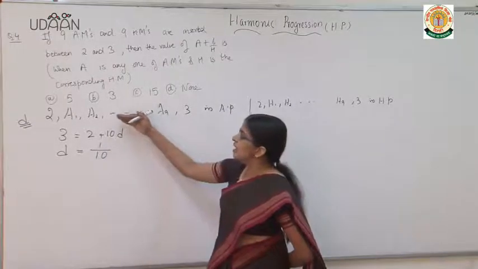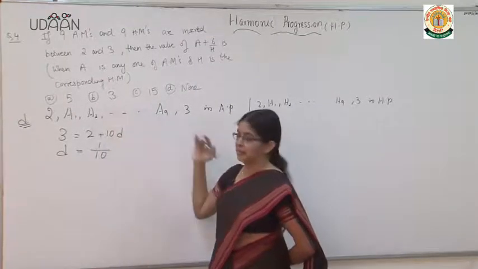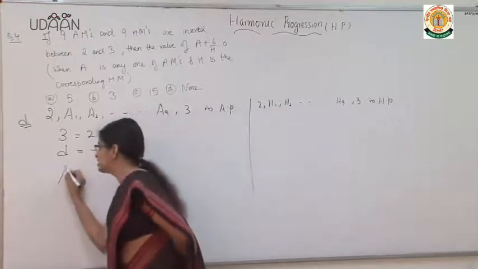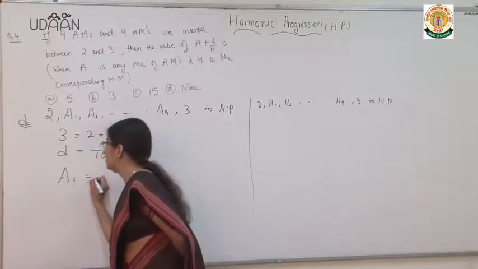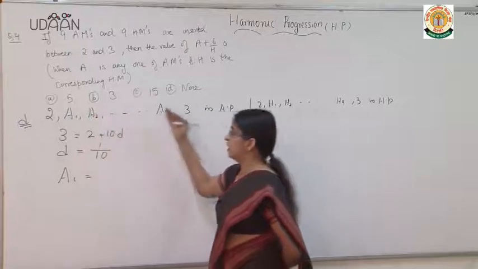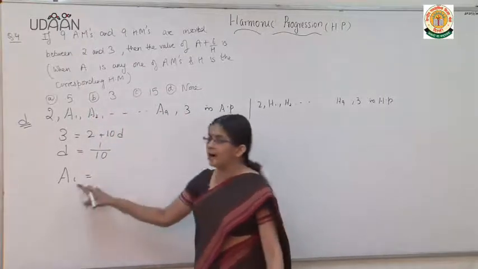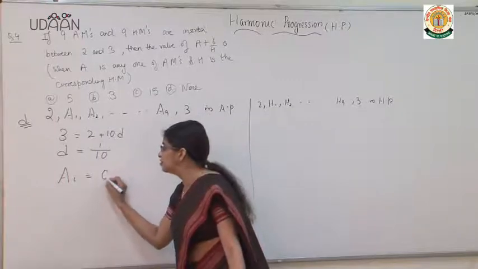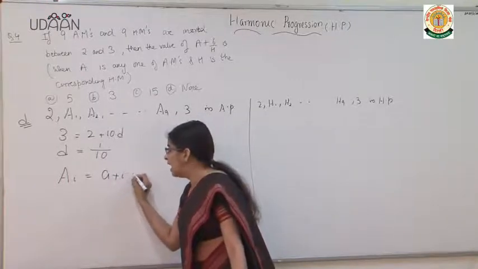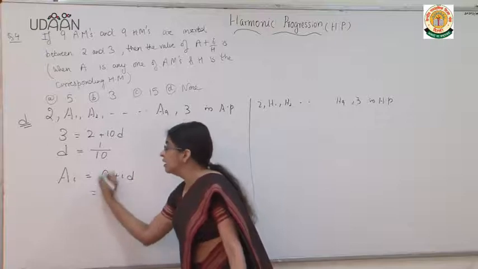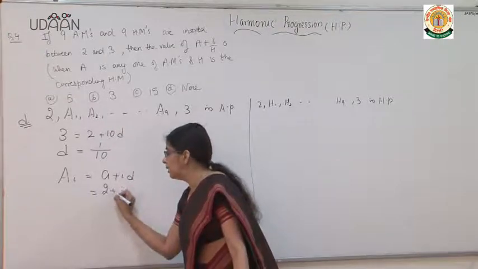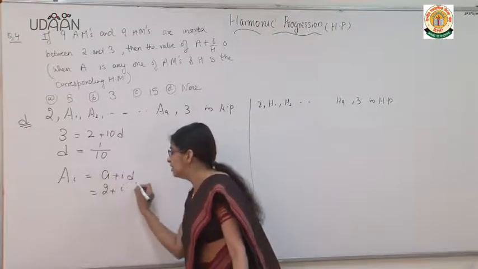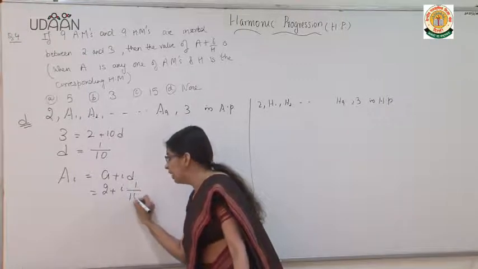Let us find a general arithmetic mean from here. Instead of finding separately A1, A2, etc., I am going to find the ith arithmetic mean Ai. Ai is given by, what's the formula? A plus i times D. A is 2. 2 plus i times, the common difference is coming out to be 1 by 10.